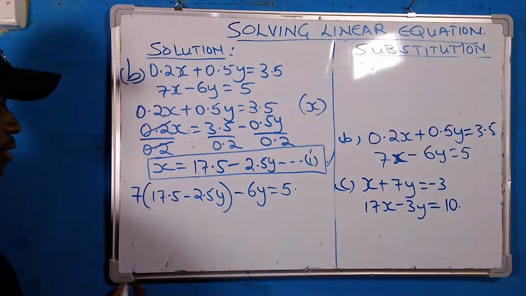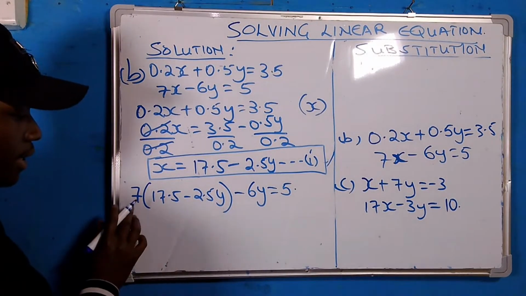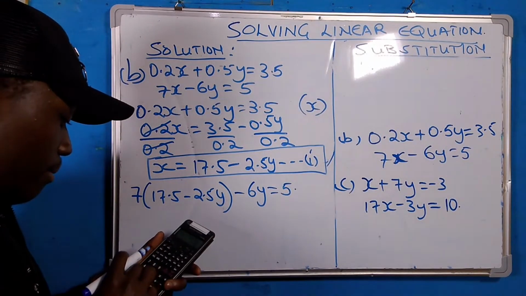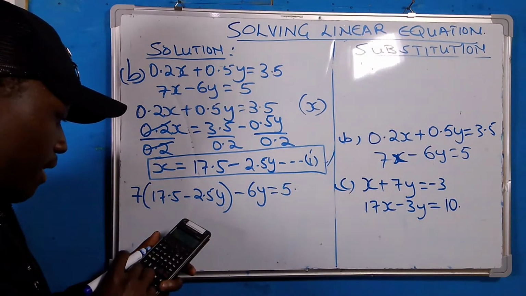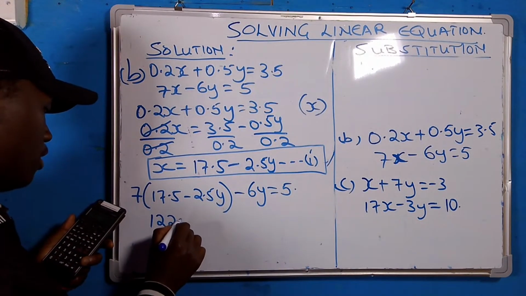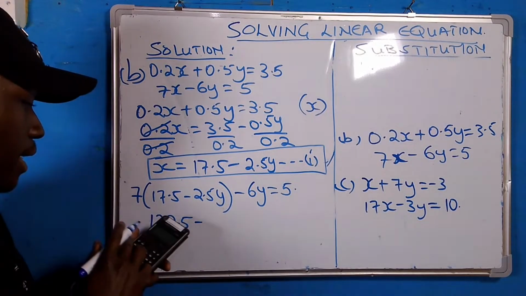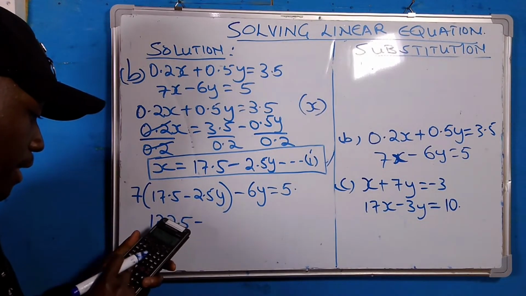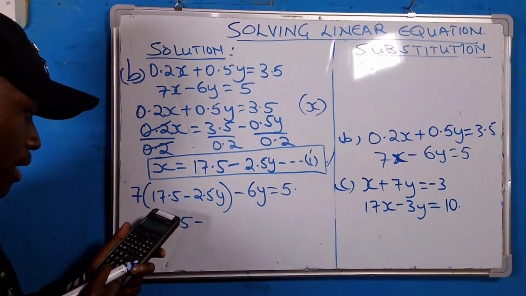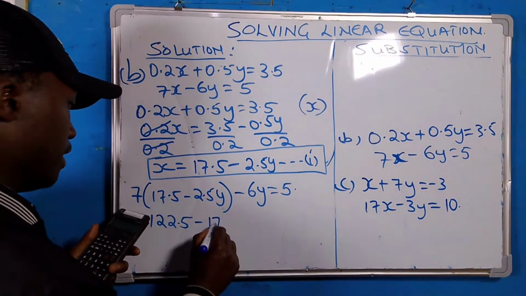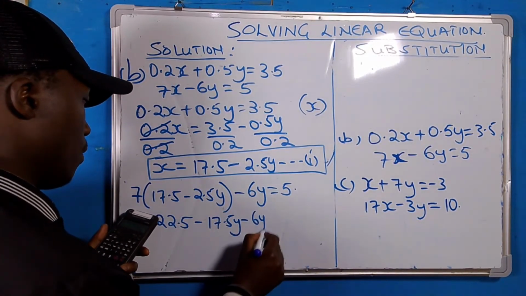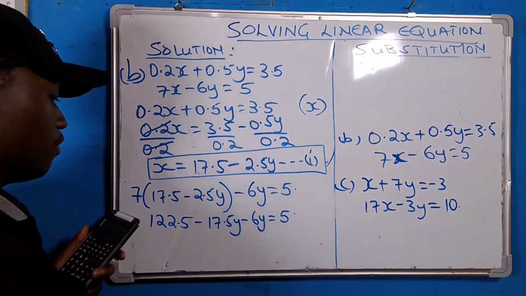Now we open the brackets: 17.5 times 7 gives us 122.5, minus 2.5 times 7, which gives us 17.5y, minus 6y is equal to 5.